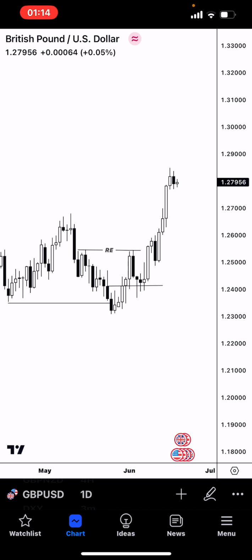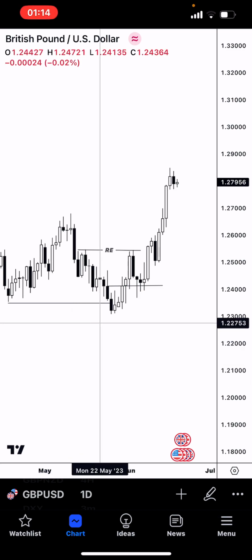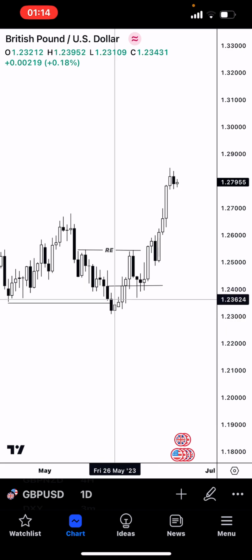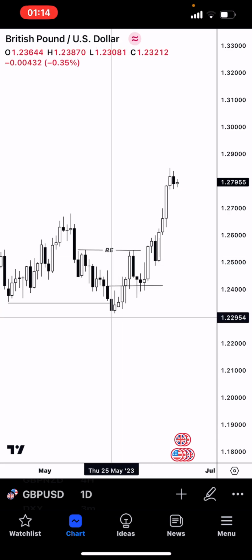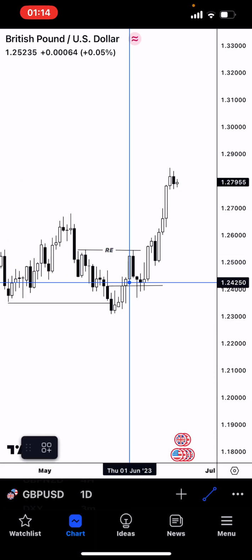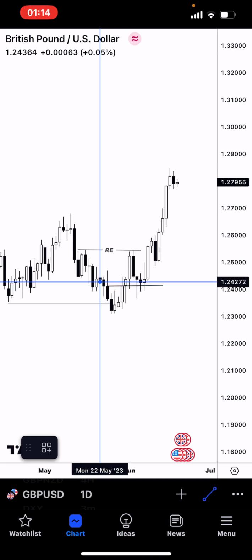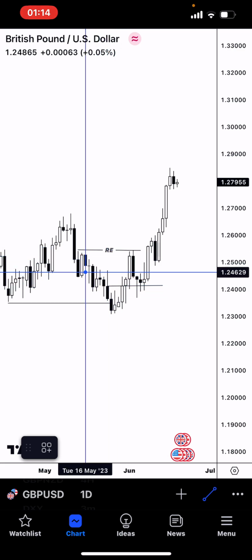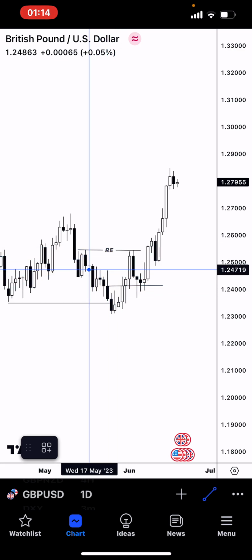Okay, so you might ask yourself, if I'm not looking for the order blocks every time, what do I look for instead? I look for the fair value gaps. And secondly, I look for areas that are quite significant, which are the Sunday open price and the daily open prices. They're quite crucial for me.